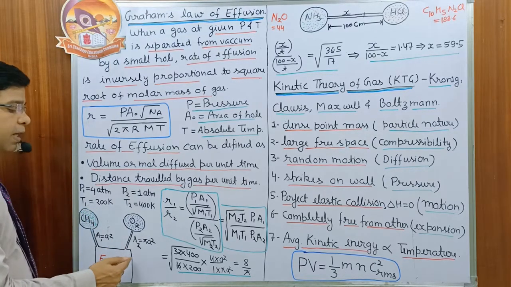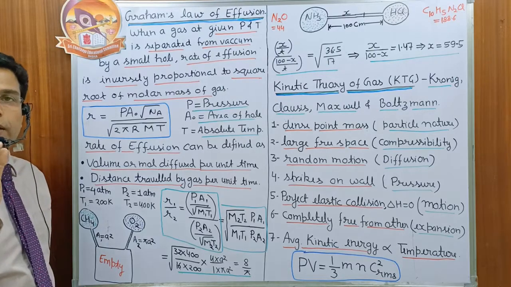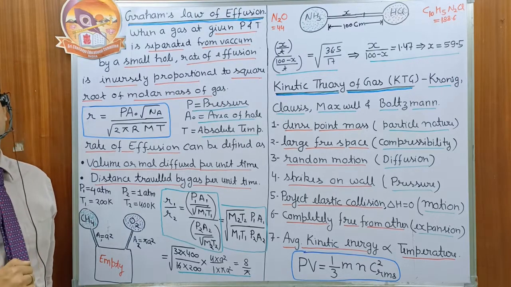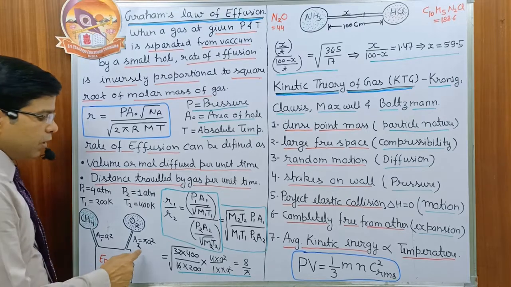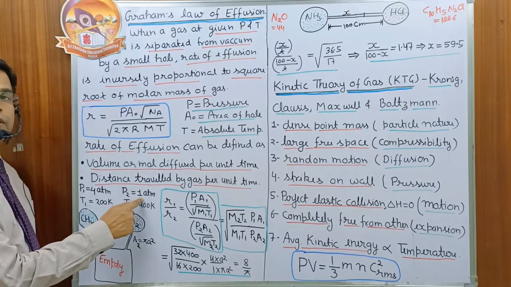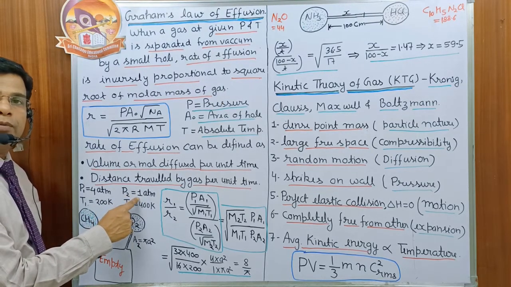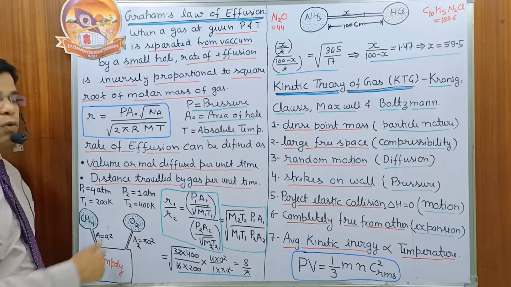In the second container, oxygen gas is stored, and here the opening is circular. Then the area of the circular hole is pi A square. It is stored at pressure 1 atmosphere and at temperature 400 Kelvin.